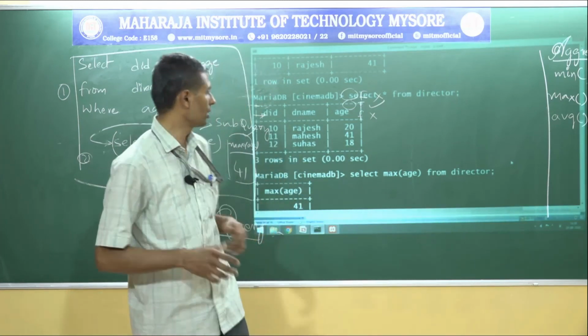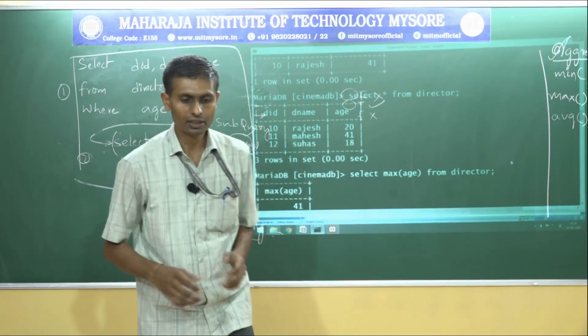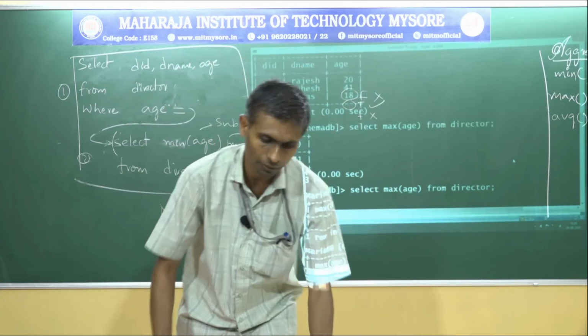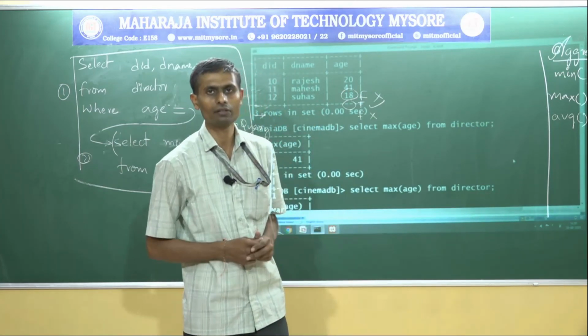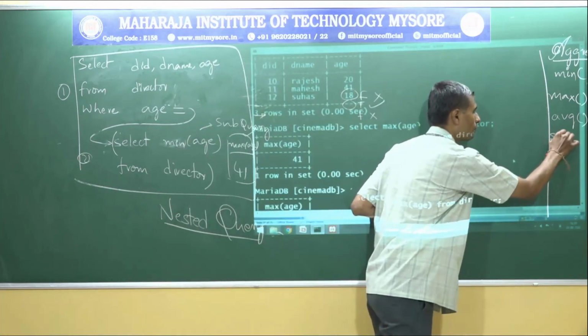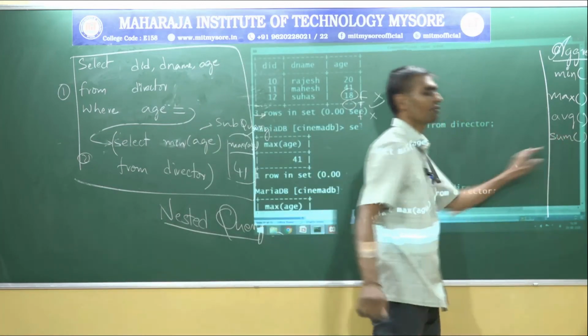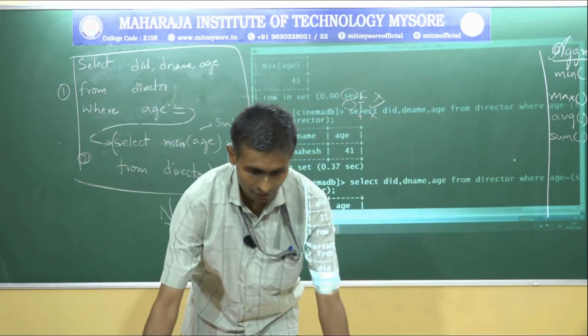Usually we would do the addition manually, 20 plus 41 is 61, 61 plus 18 is 79. If I have thousands of tuples, it becomes very difficult to do manually. Instead, we have one beautiful aggregate function that we call sum.